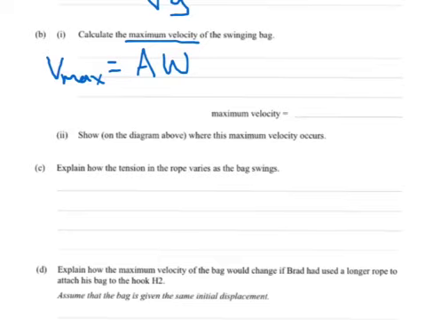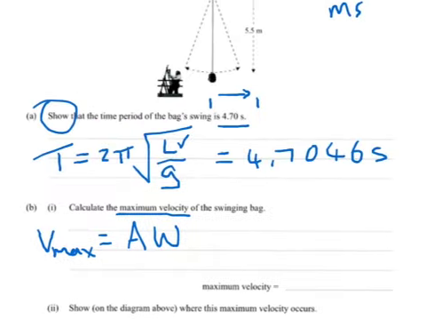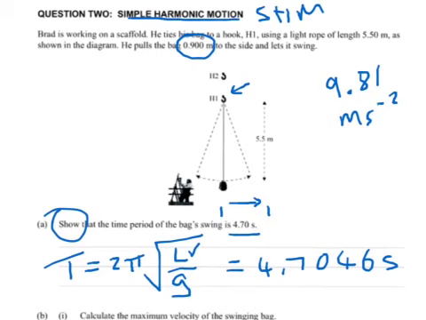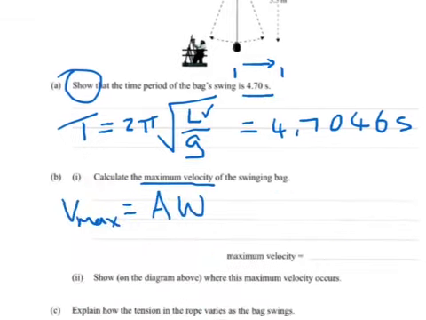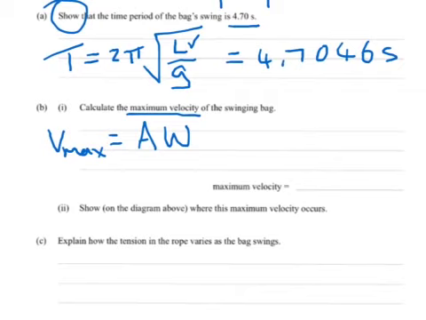We then have to find omega, but that isn't too tricky, since we just calculated the time period of the swing. Omega equals 2 pi f.